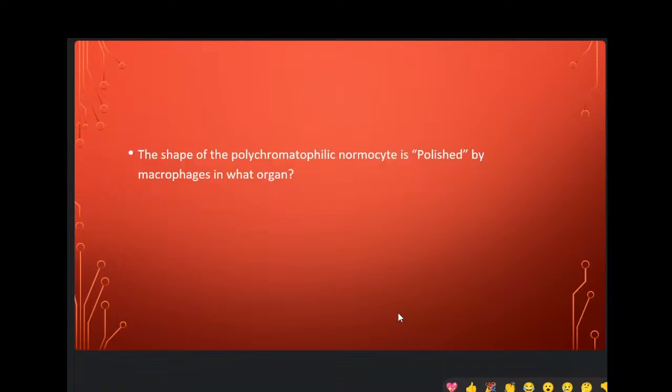The shape of a polychromatophilic normocyte is polished by macrophages in what organ? Alam ni Arian yan. Confidently beautiful Arian. What is the organ that polishes or makes the cell or RBCs look more circular and biconcave? O binago ko na naman yung question. Ano, Arian?